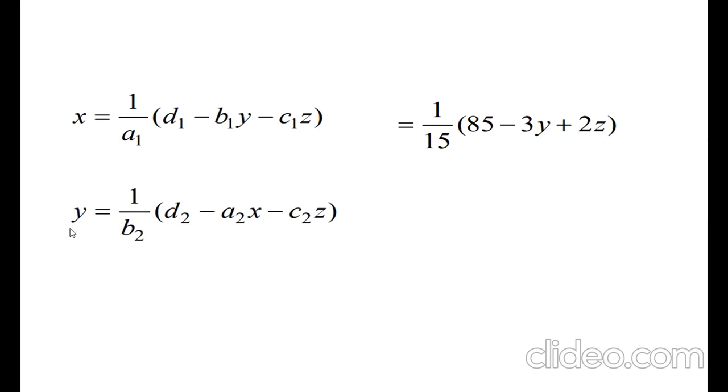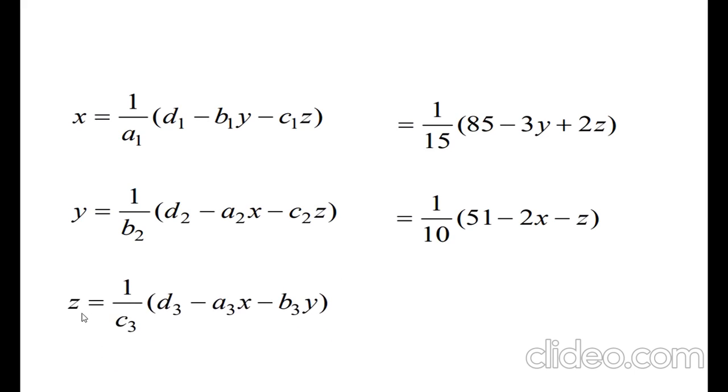Now for the second equation, we can separate the value of y as y is equal to 1 upon b2 in bracket d2 minus a2x minus c2z. Putting in the respective values of b2, d2, a2, c2, you will get y is equal to 1 upon 10 in bracket 51 minus 2x minus z.